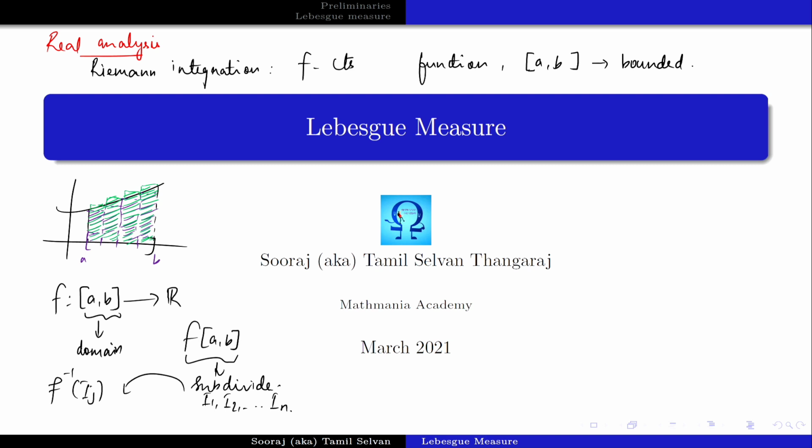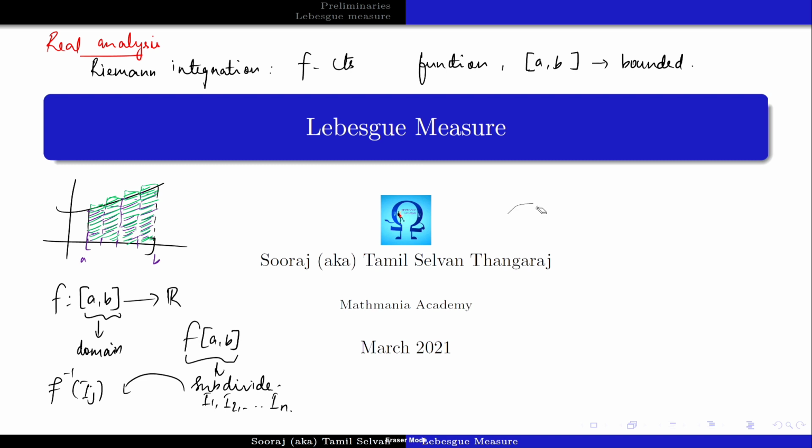So let me tell again what I said. The idea of Riemann is to decompose the domain and find the integral value, whereas in Lebesgue's approach we decompose the codomain, take the inverse images and attach lengths to them.